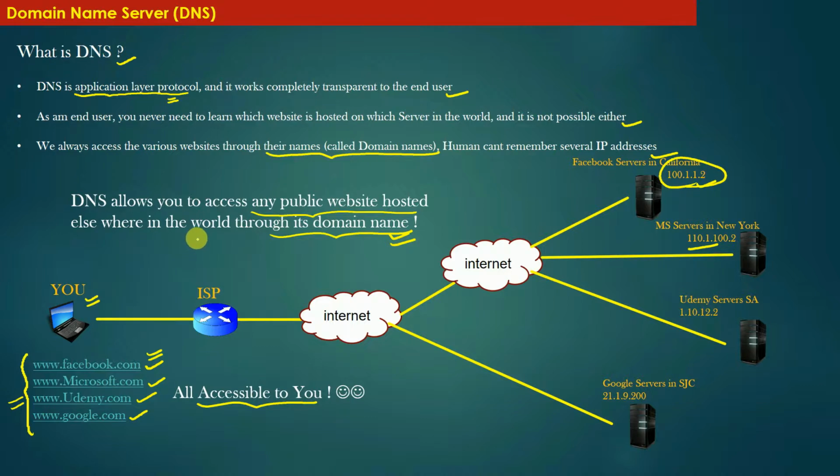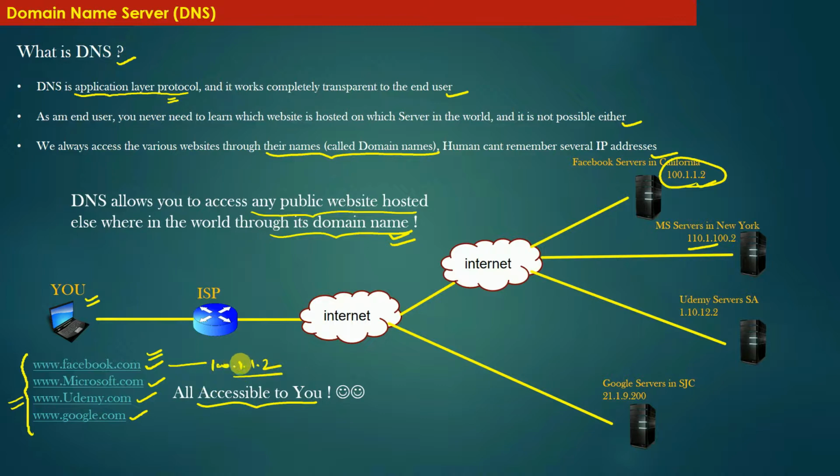Without the DNS system, you would have to maintain a diary, and inside that diary you would have to note down the mapping between the website names and their corresponding IP addresses. For example, you would have to note down in your diary that www.facebook.com is hosted on a server whose IP address is 100.1.1.2.